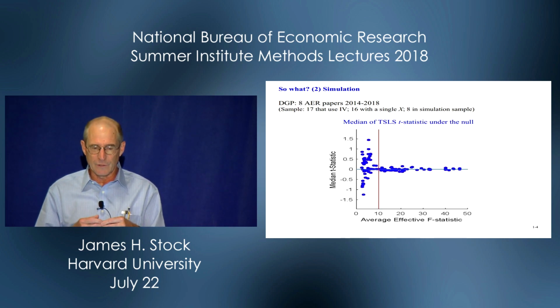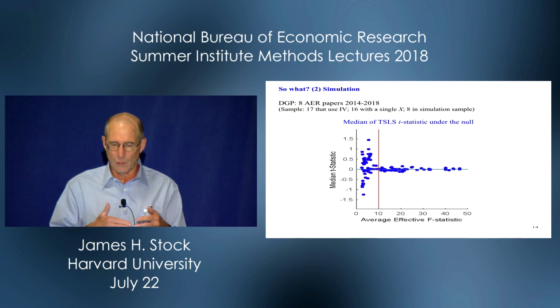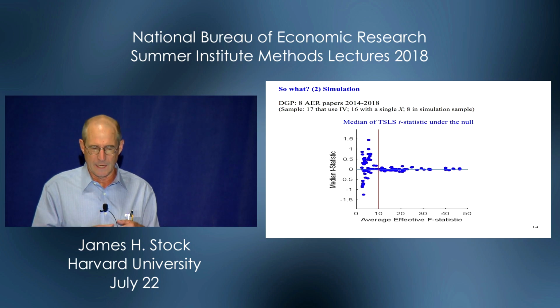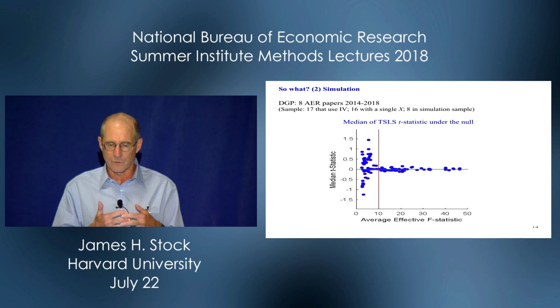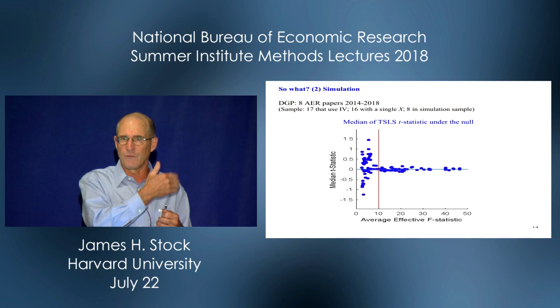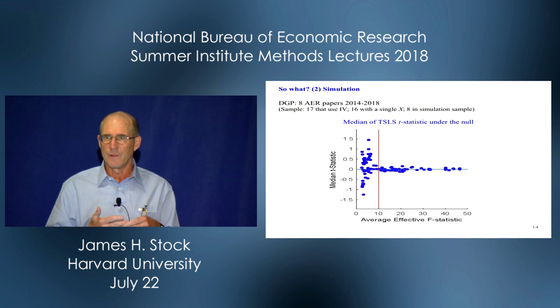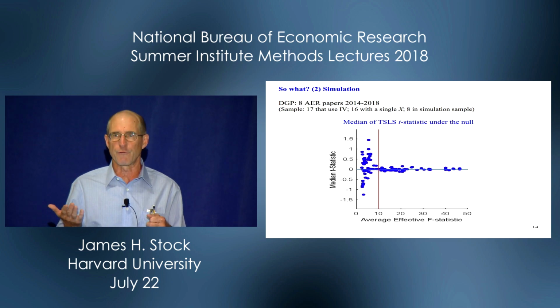What you can see is that there's a vertical line at 10, and somewhere down below to the west of 10 is a mess, where you can get t-statistics in this DGP that, under the null hypothesis, are not centered around 0. They can be centered around 1, right?